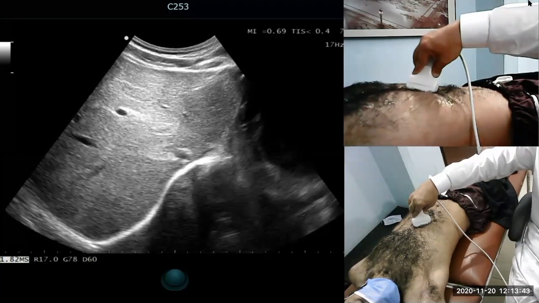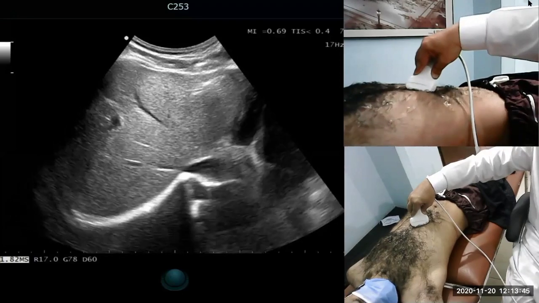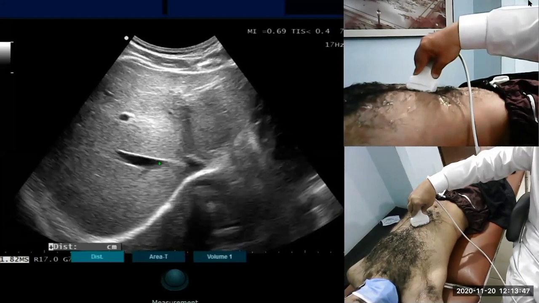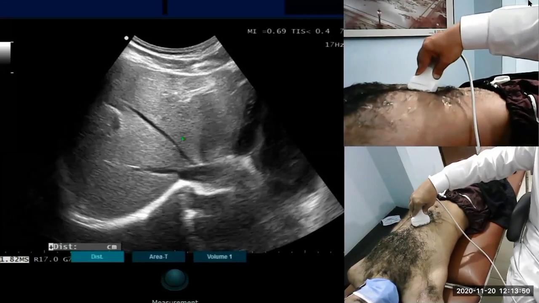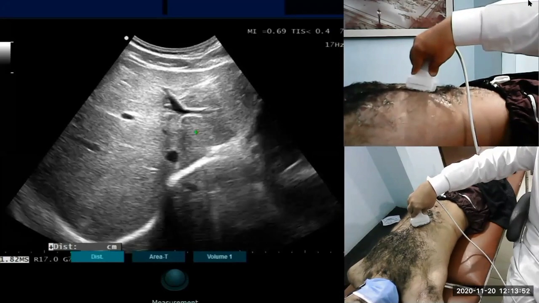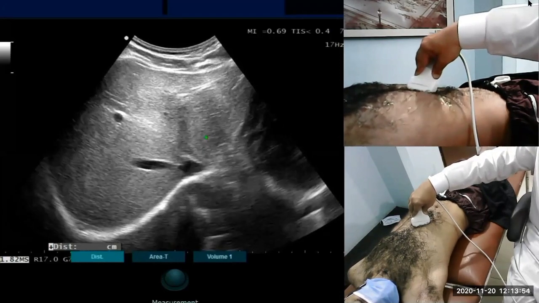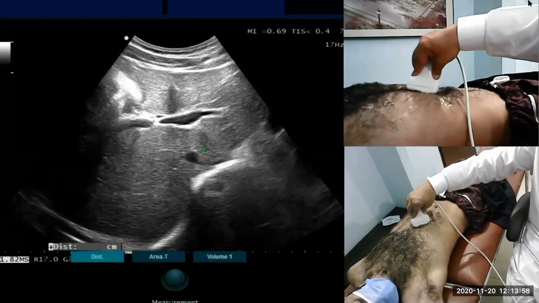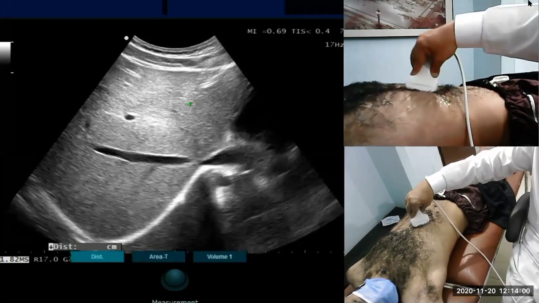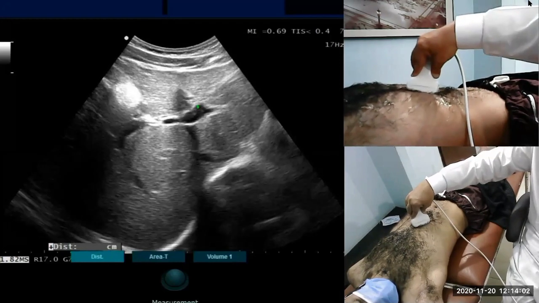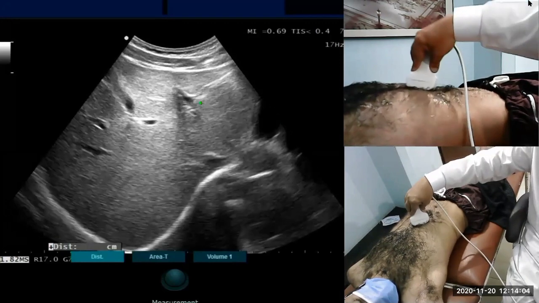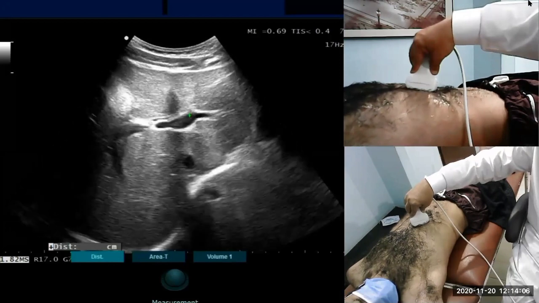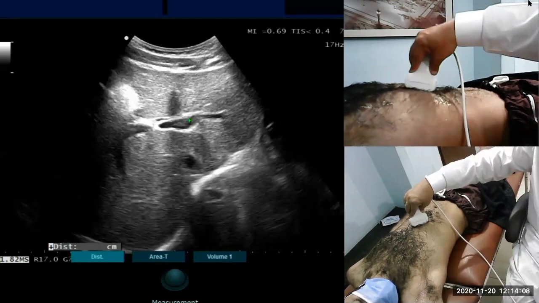And first I will see the hepatic veins, the right, the middle, and the left. There we are. And then I will see the so-called deer sign. The portal venous system is like a deer.